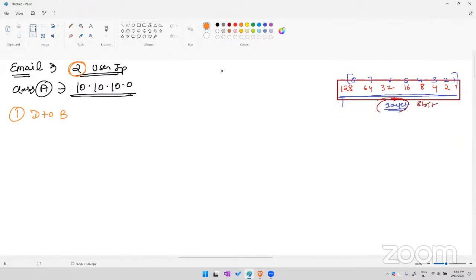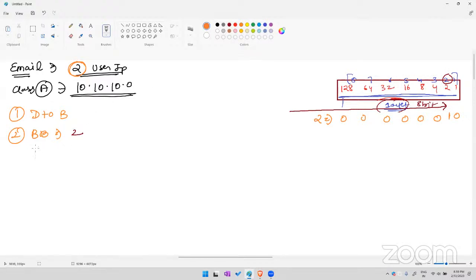Now 2 means we need to convert to binary: 0 0 0 0 0 0 1 0. Now it's good. Now the second task is borrow bit. For 2, the borrow bit comes from this side, and which position does the first 1 come in? Second position, so the borrow bit is 2.